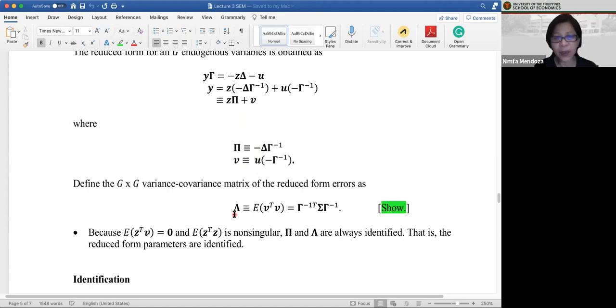That is, the reduced form parameters are identified. Okay. So again, you can just do OLS equation by equation, okay? Because the C's would be uncorrelated with the U's.